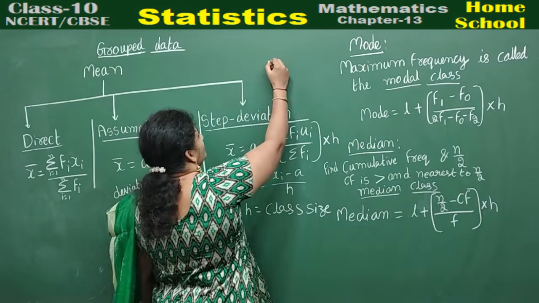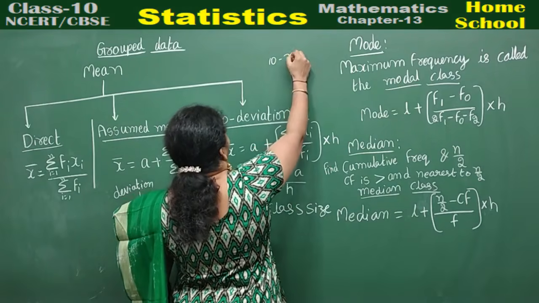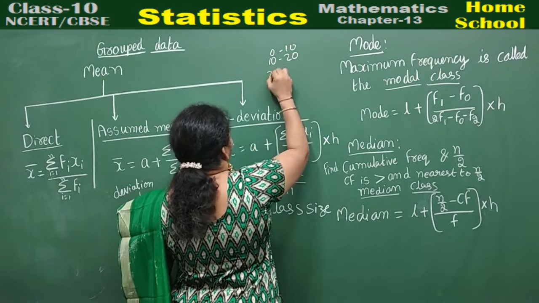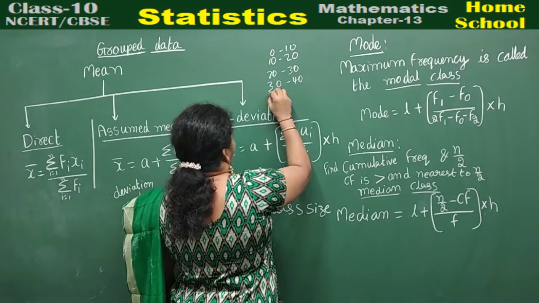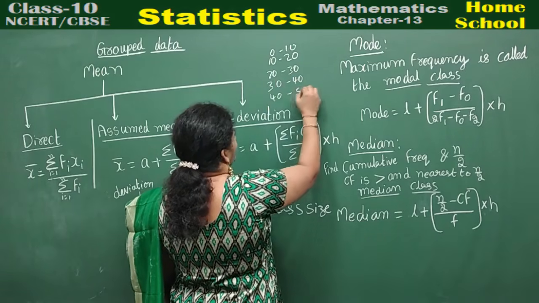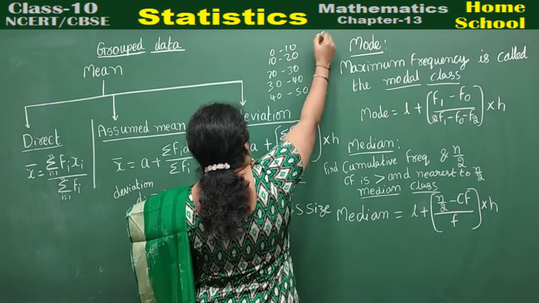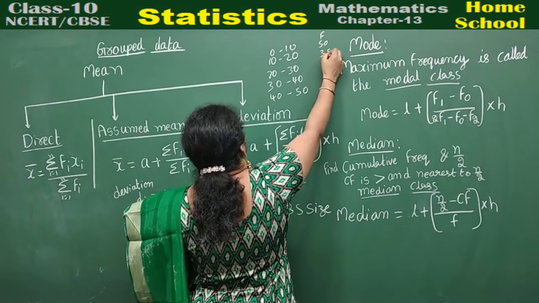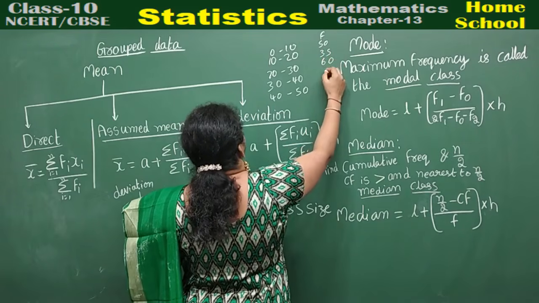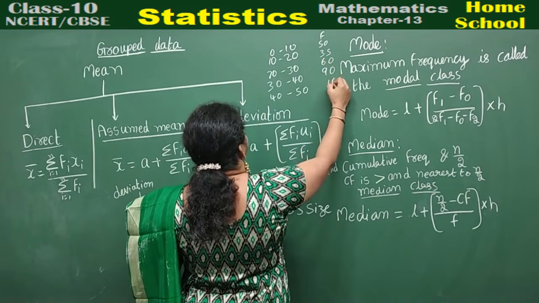Suppose you have 0 to 10, 10 to 20, 20 to 30, 30 to 40 and 40 to 50. I'm going to give you the frequencies here: 50, 35, 60, 90, 10.